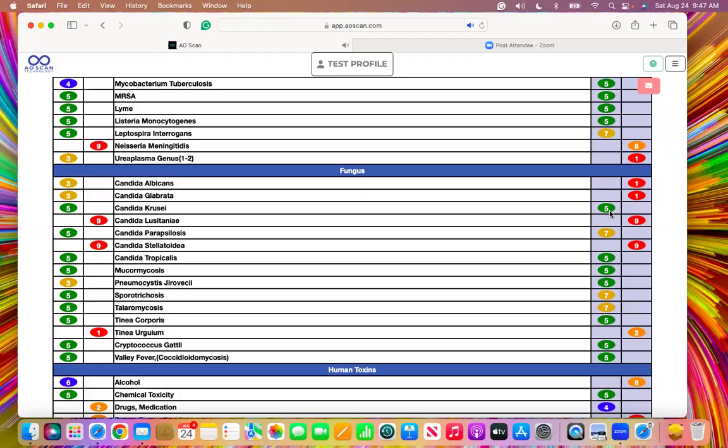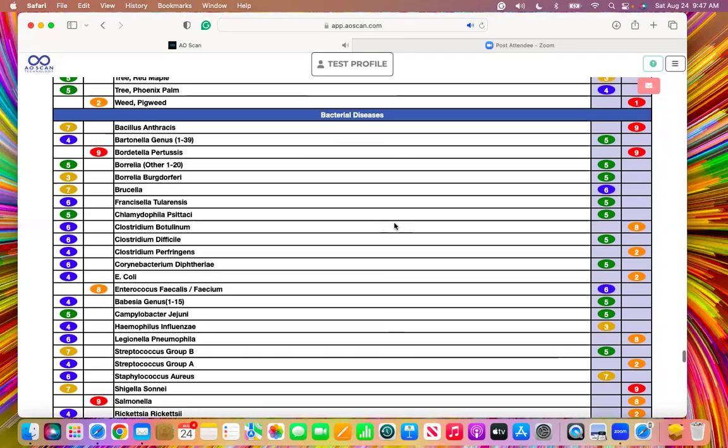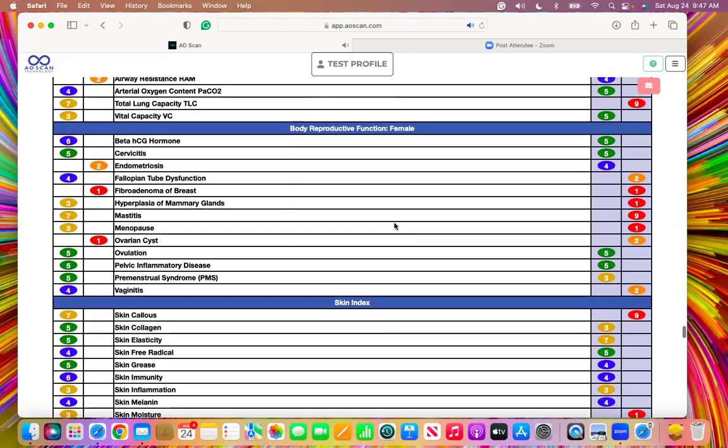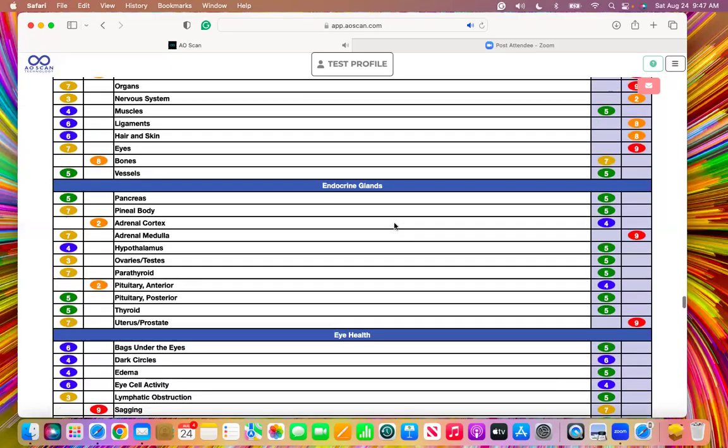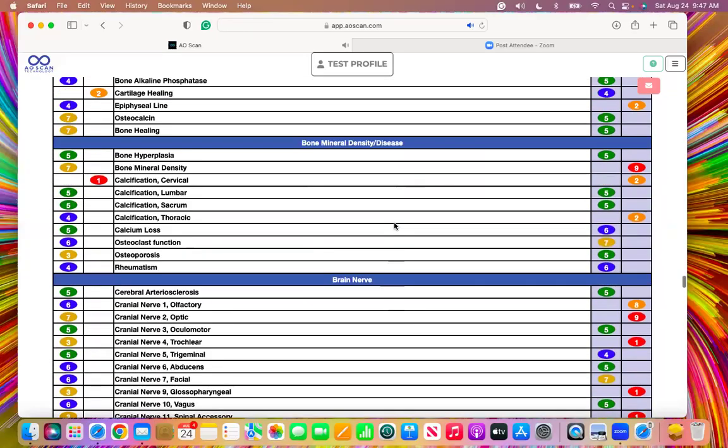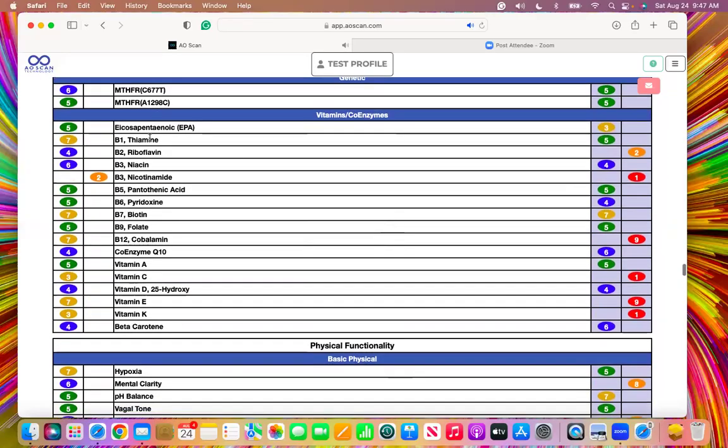Some of the other markers that you might see would be a B1 deficiency. So let's go up to the B vitamins here. No, it's all the way up here at the top. So we've got B1, which seems to be okay, but that would be a marker that I would pay attention to.